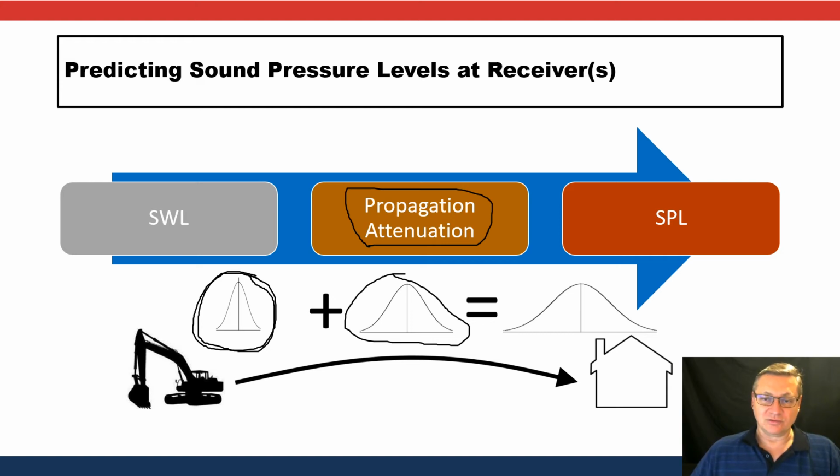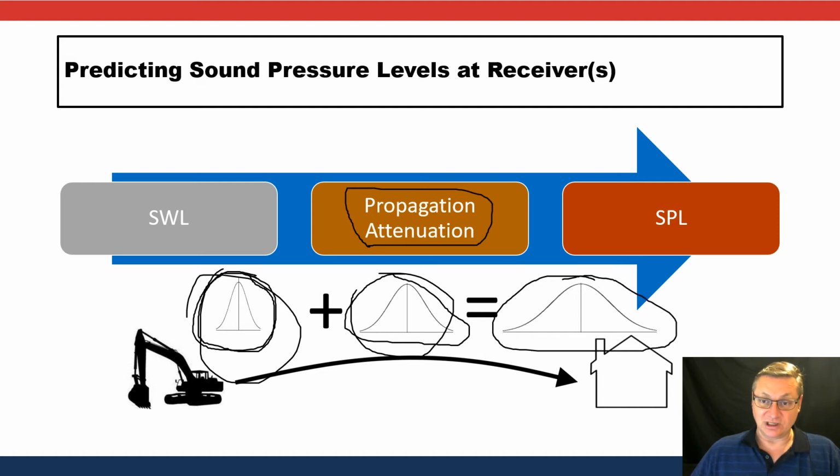But if you do incorporate the variability of propagation attenuation and the variability of the noise emissions, then together you will get an estimate of the variability in the sound levels received at the receivers.